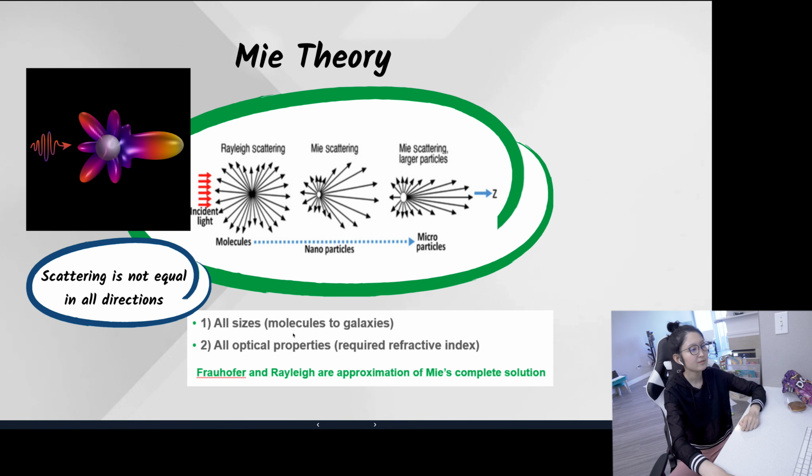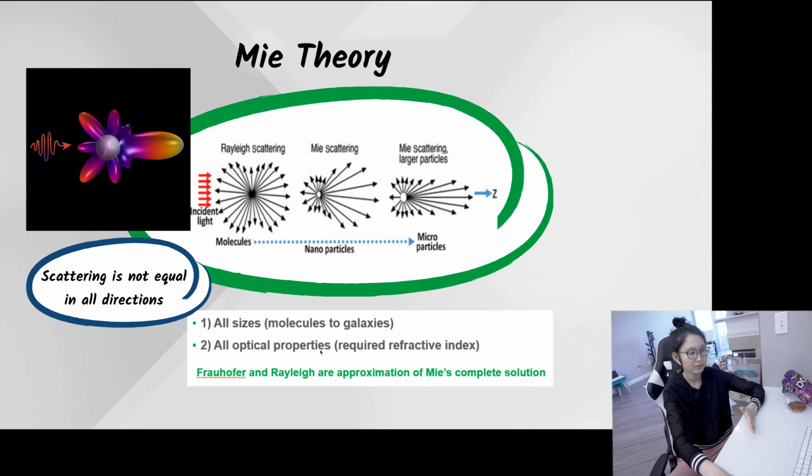It covers all sizes from molecules to galaxies and all optical properties, which is why you need to input the refractive index of the material. Fraunhofer and Rayleigh scattering are really just the approximations of Mie's complete solution.